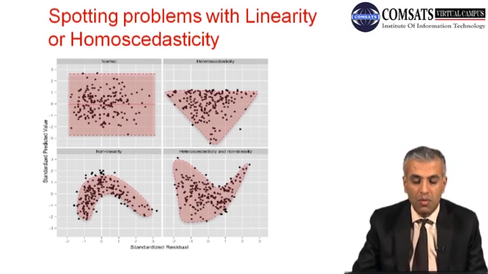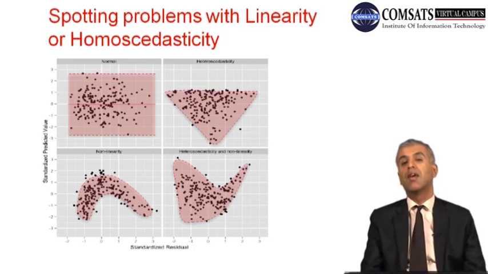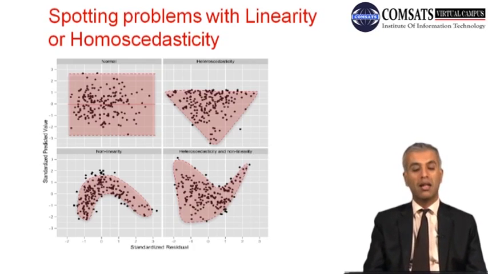We will discuss this homoscedasticity in detail further on in this lecture. Basically what we do here is standardize the errors, or the residuals, which we just saw, and plot them against the predicted values under the model, which we standardize as well. Then we see whether some pattern is emerging.